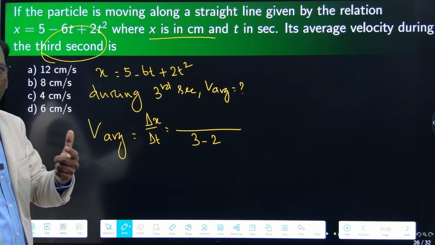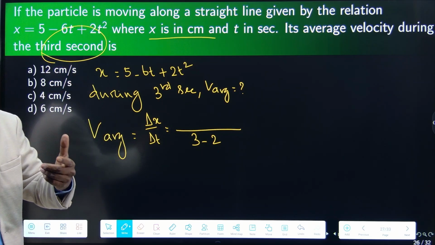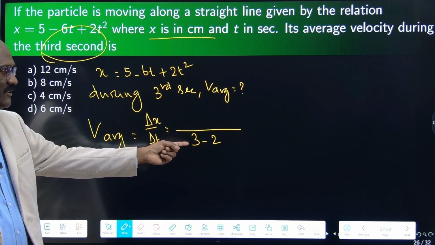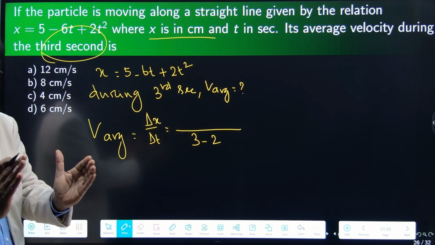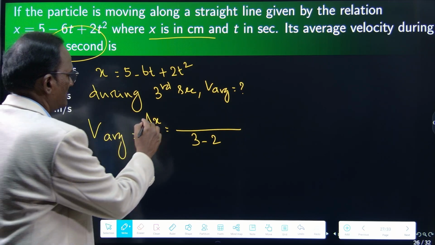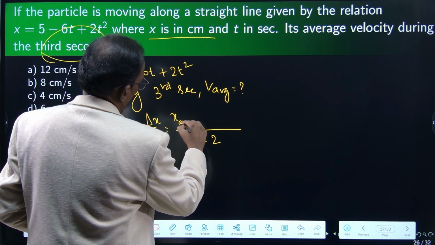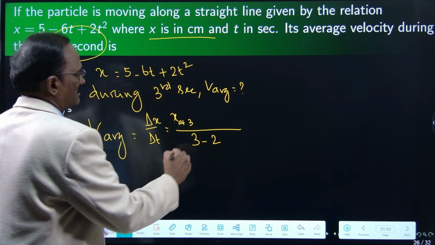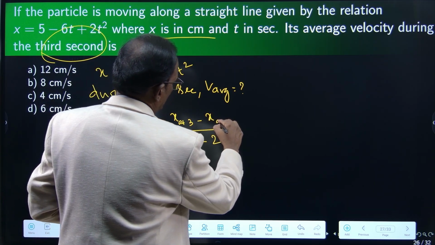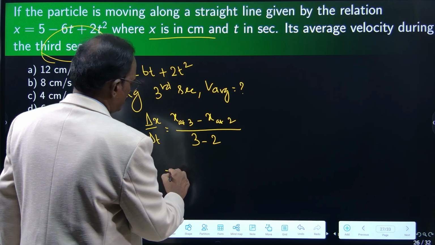So the time interval is first second, third second, in terms of seconds only, not millisecond or microsecond. So third second, final time. So second, initial time. This is the time interval for this case. Then x at third second minus x at second, that is the distance covered.